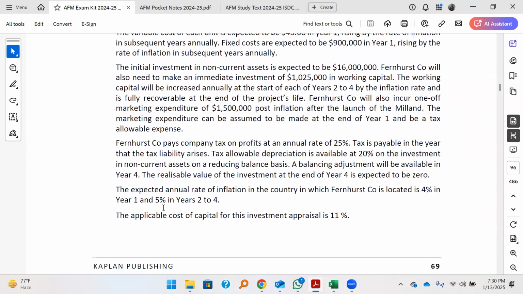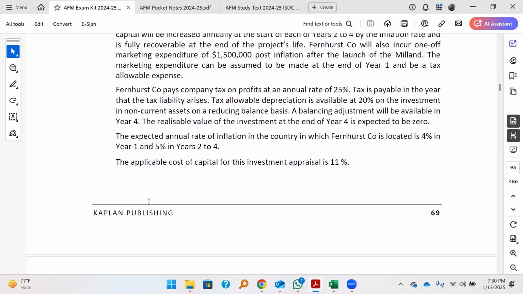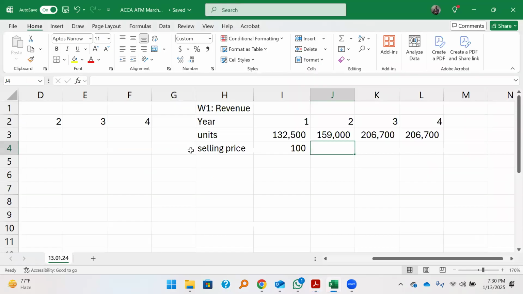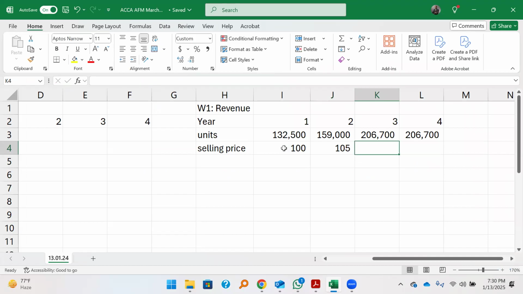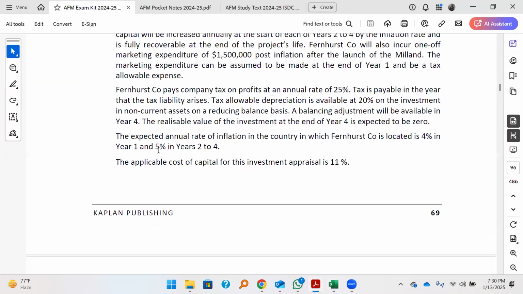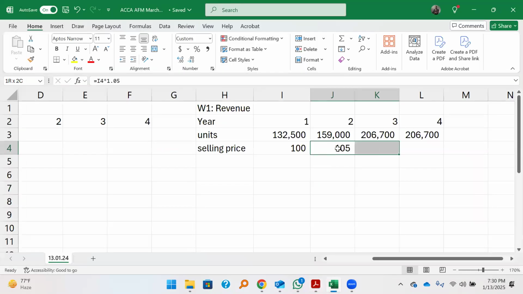Inflation from year two onwards is 5%, so you can grow this one by 5%. Then you grow the same across all 4 years.